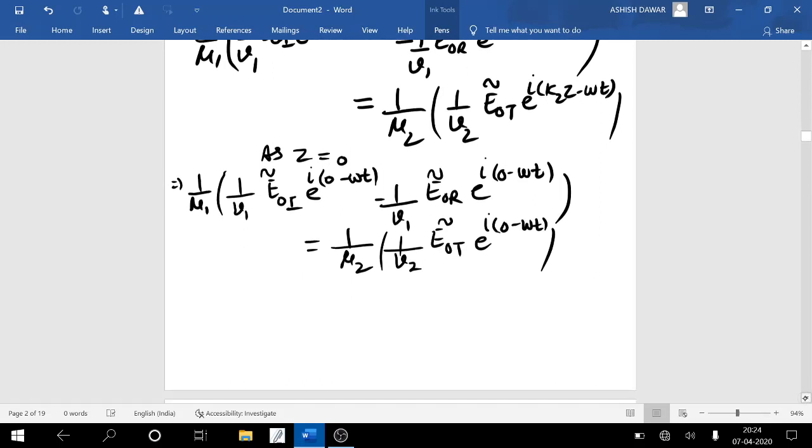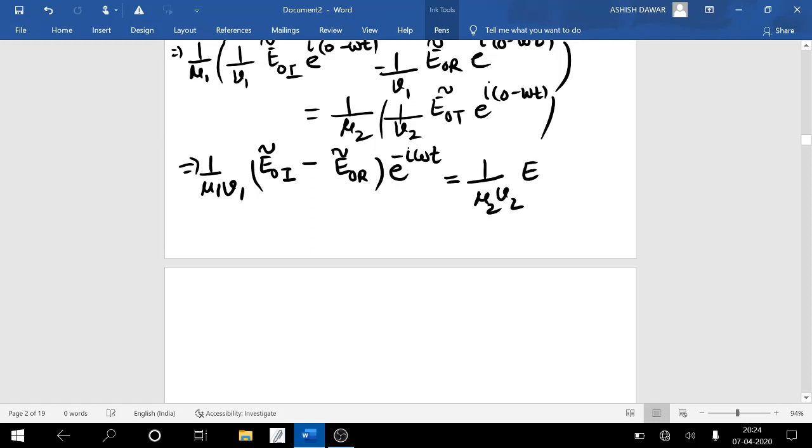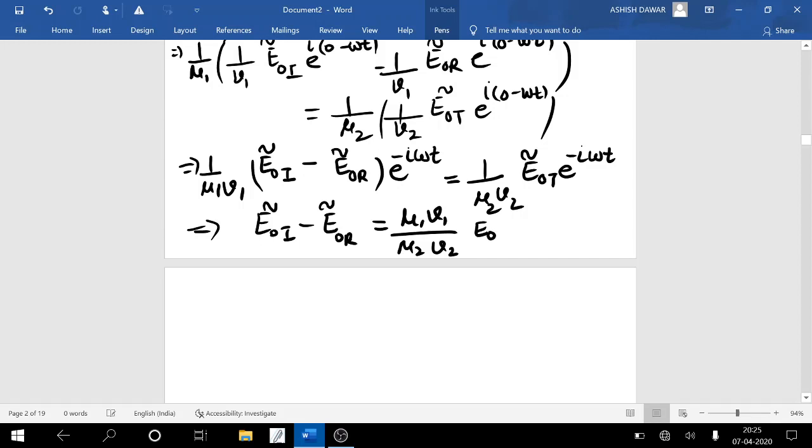So from here what we get? 1 upon mu1 V1 (E0I minus E0R) into exponential minus iota omega t equals 1 upon mu2 V2 E0t exponential minus iota omega t, and from here we get the second equation: E0I minus E0R equals mu1 V1 upon mu2 V2 E0t.